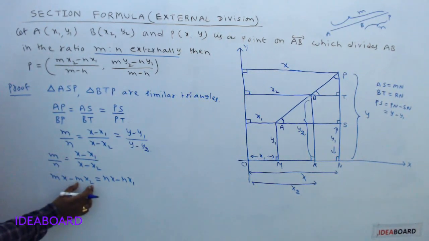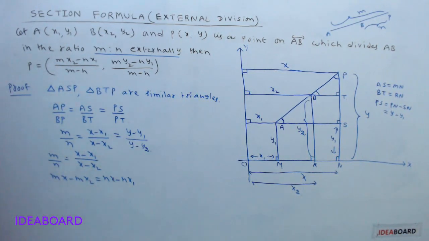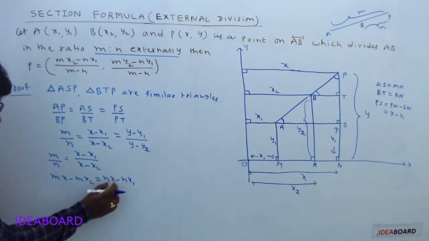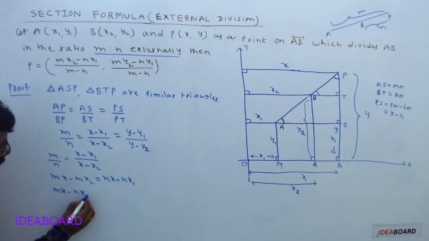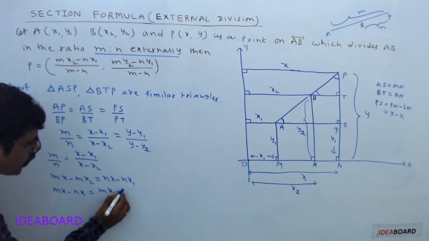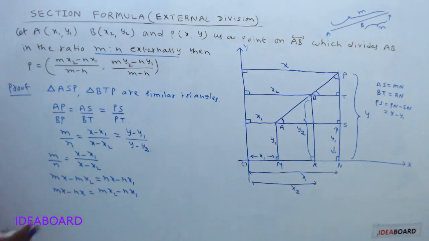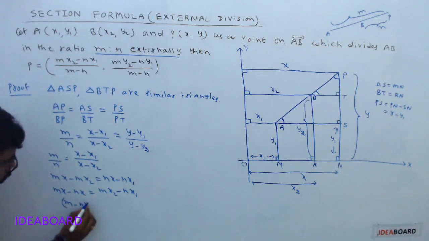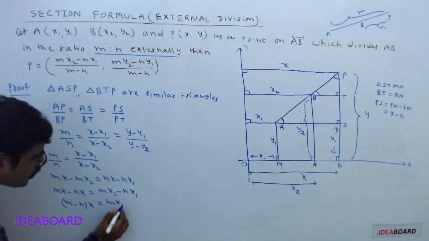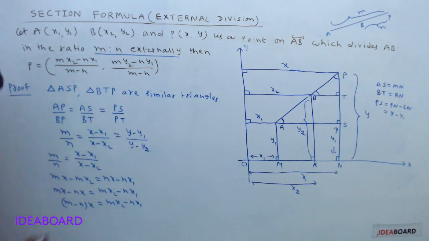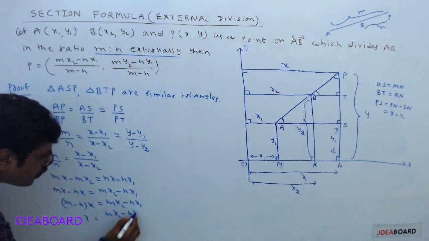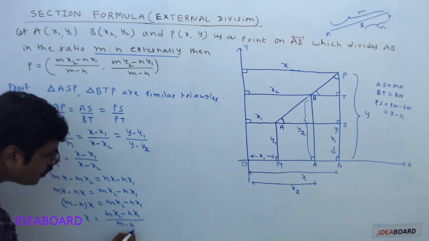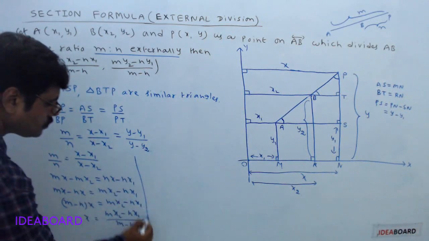Now bring this mx2 term from LHS to RHS and bring this nx from RHS to LHS. So mx minus nx equal to mx2 minus nx1. Here x will be the common factor. So m minus n into x equal to mx2 minus nx1. So therefore x value is mx2 minus nx1 divided by m minus n.